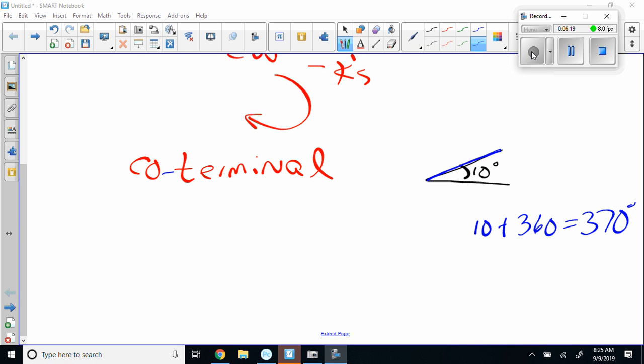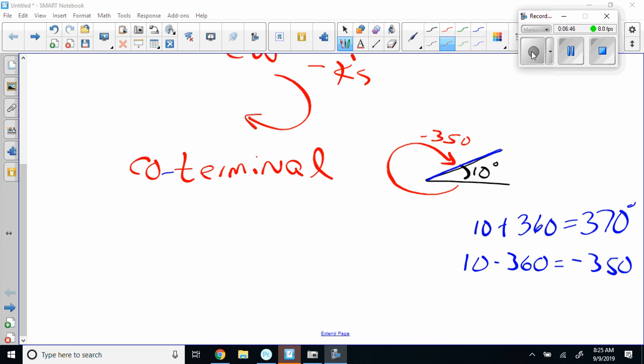We're finding a coterminal angle to the 10 degrees. Well, we can also subtract it. Right? We could go what? 10 minus 360, which would be what? Negative 350. You go, well, Palmer, how can that be so? Same starting point, same ending point, right?